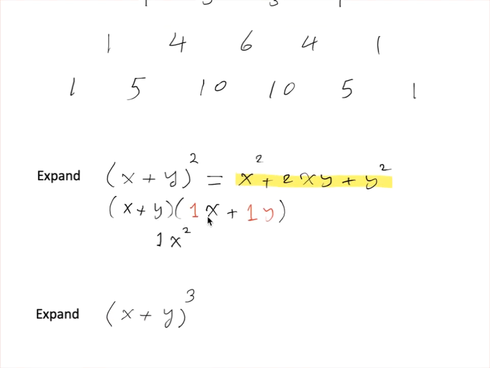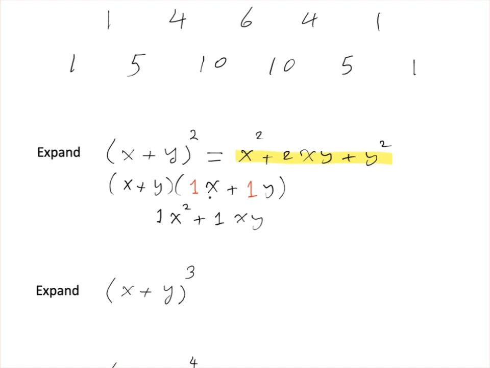So x times 1x is 1x squared. Then I multiply x times 1y, and that will give me 1xy, and then add y times 1x and y times 1y.